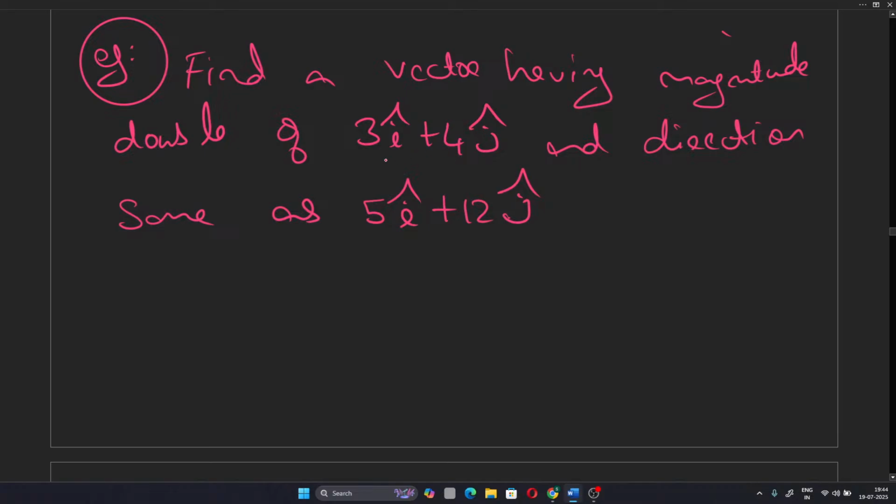The magnitude should be the same as 3i cap plus 4j cap, but the direction should be that of 5i cap plus 12j cap.